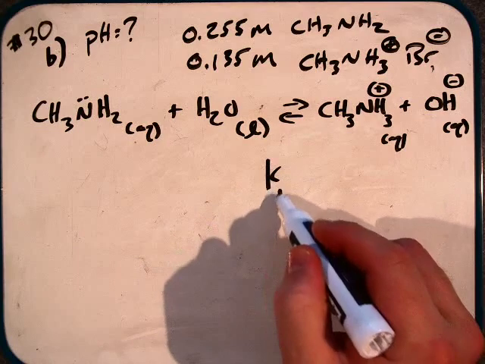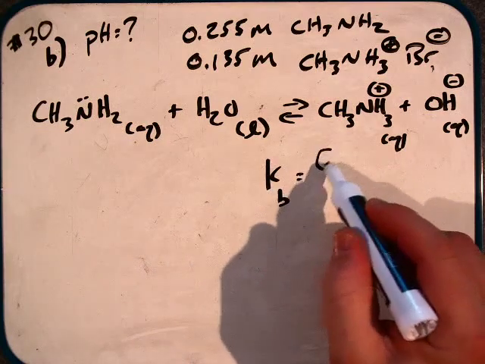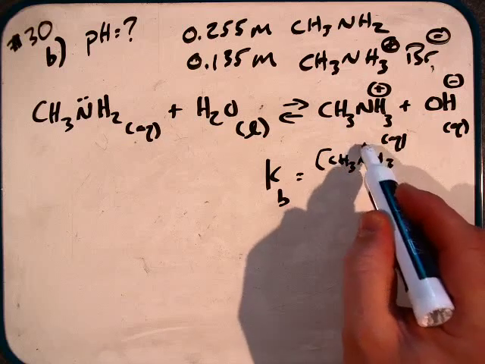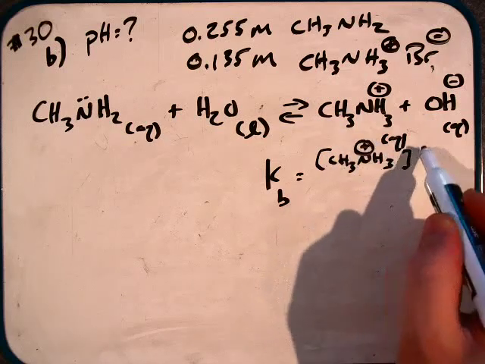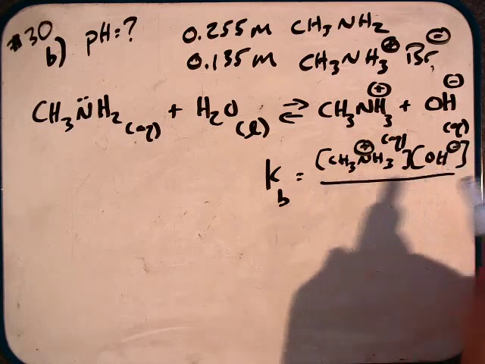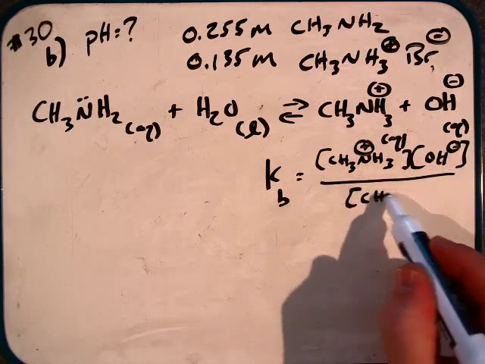Because our Kb is going to be equal to again our products over our reactants.